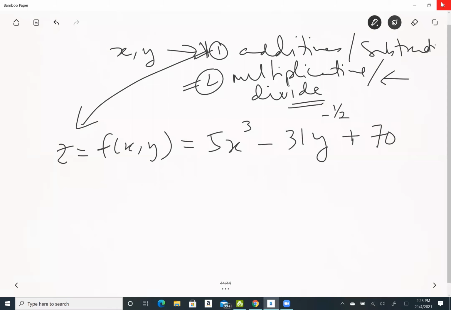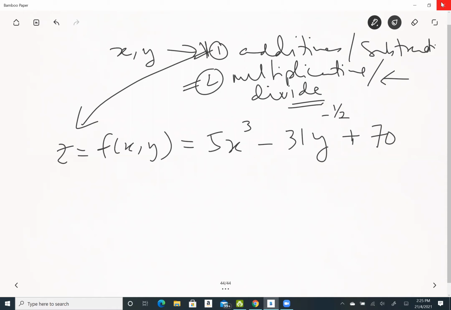So here you will see the x and y are additive or subtractive. You have a subtraction here. And remember the rule: when you take the derivative with respect to x, y is constant. When you take the derivative of y, x is a constant.